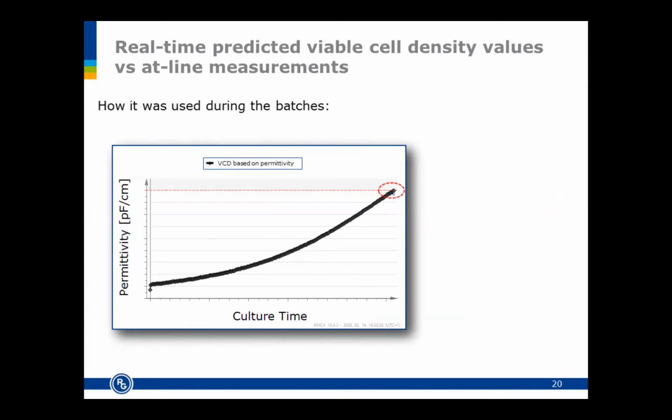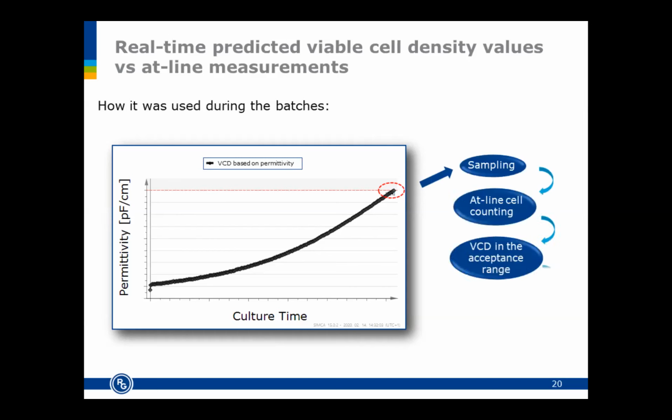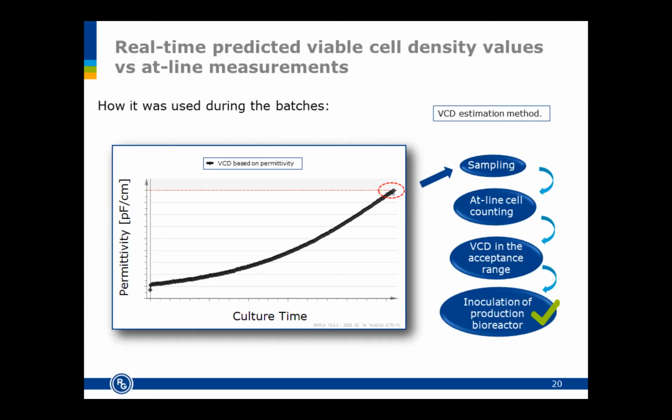If the permittivity value of the inline equipment achieved a certain value, then a sample was taken for at-line analysis, and if the result of this at-line measurement was in the predefined range, then the inoculation of the production reactor could start. So we estimated the VCD values during the process and not the time in this case. This is the VCD estimation method.